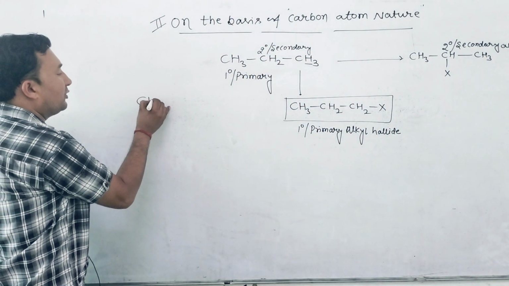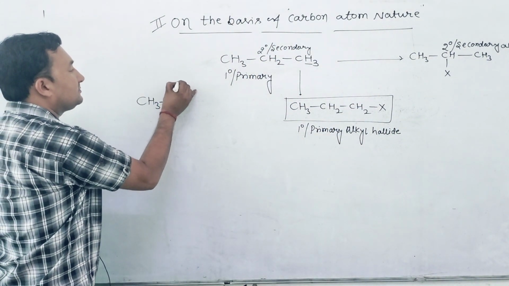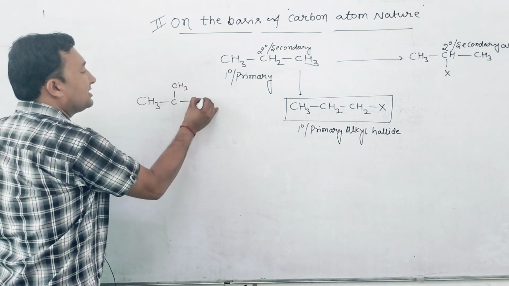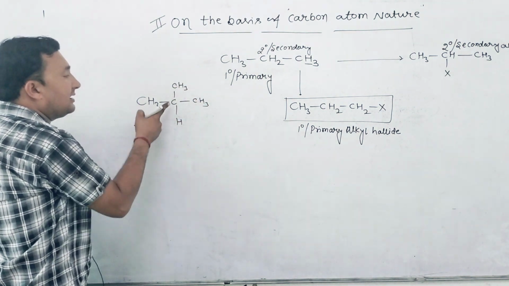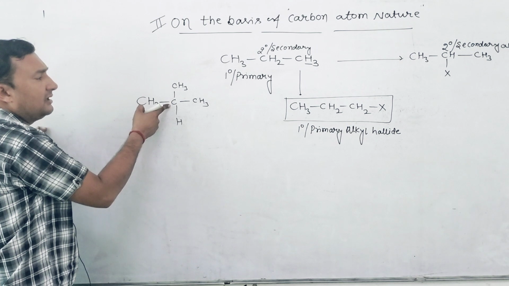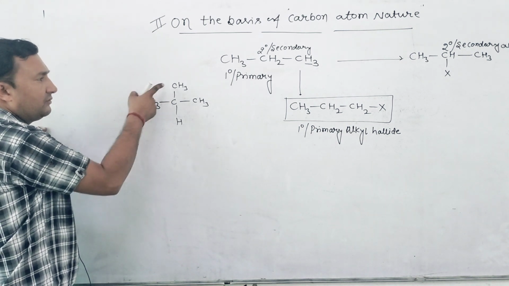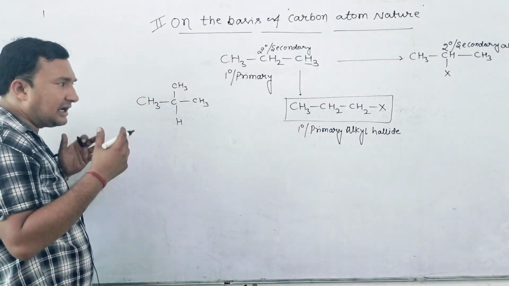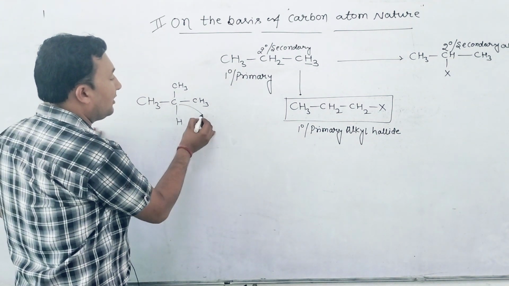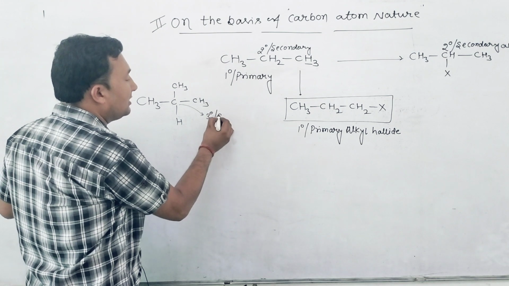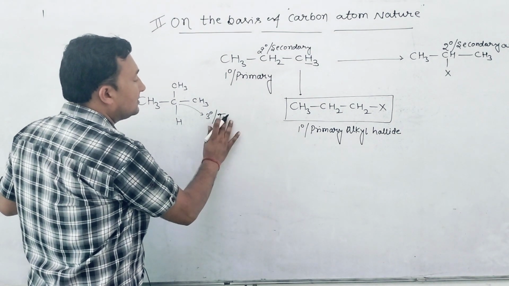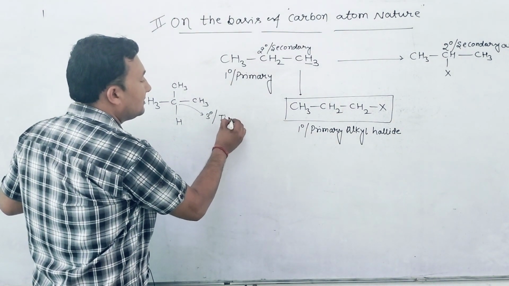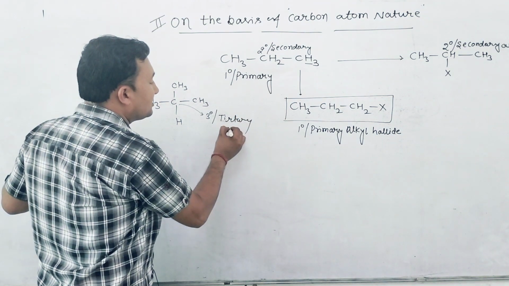Suppose that we are having one more example like this one. If we are watching this one, here this carbon atom in the middle is attached to this carbon, and this carbon. So it is surrounded by, directly attached to, three different carbons. We call it 3 degree carbon, or it is called tertiary carbon.